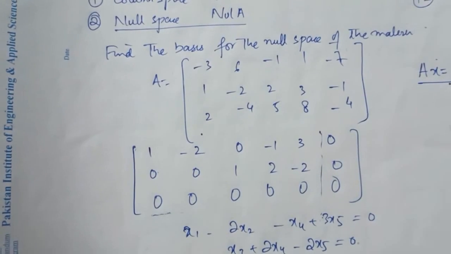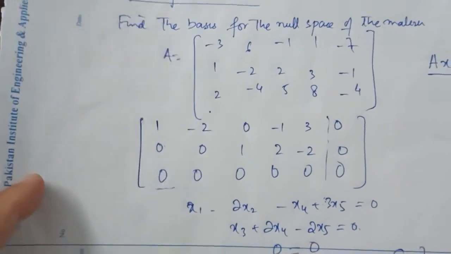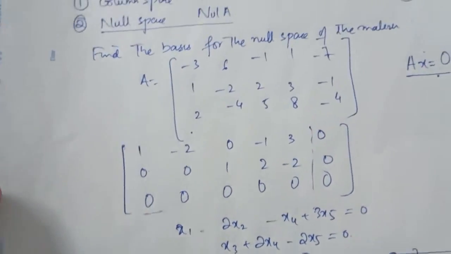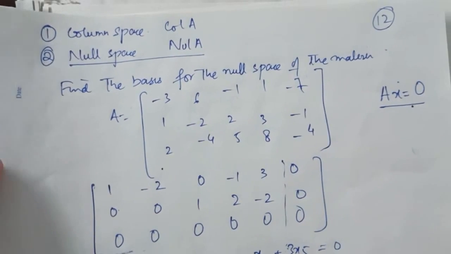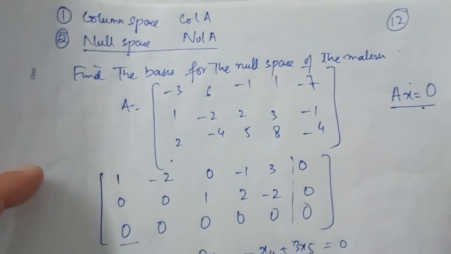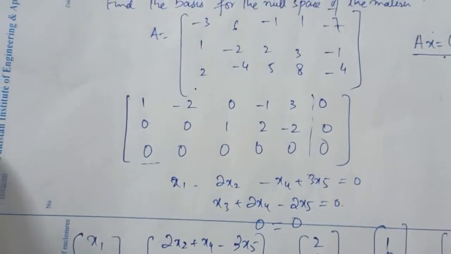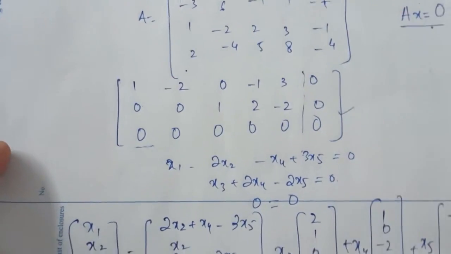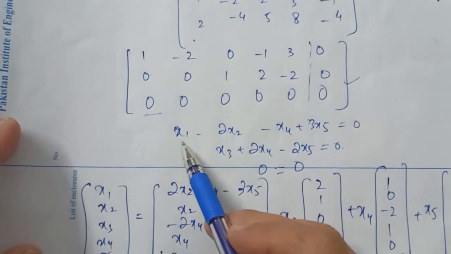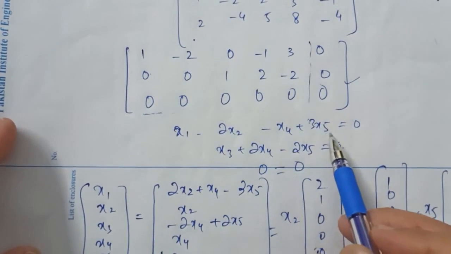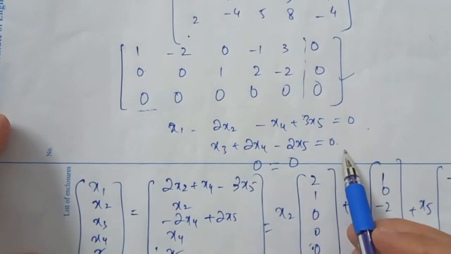Since null space is defined by solving Ax = 0, when we did that, we ended up with this matrix by using row reduction, and we wrote it in the form x1 - 2x2 - x4 + 3x5 = 0, and x3 + 2x4 - 2x5 = 0.